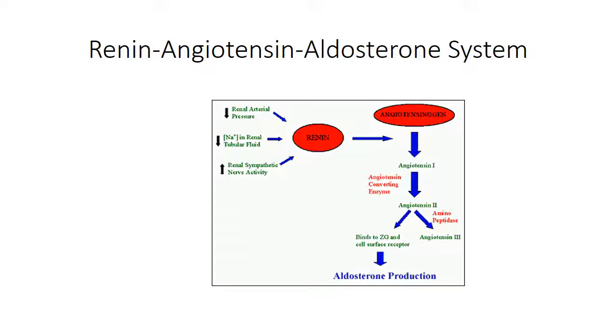produces renin. Renin is actually a hormone which converts one inactive, inert blood plasma protein called angiotensinogen into active forms called angiotensin 1 and angiotensin 2.